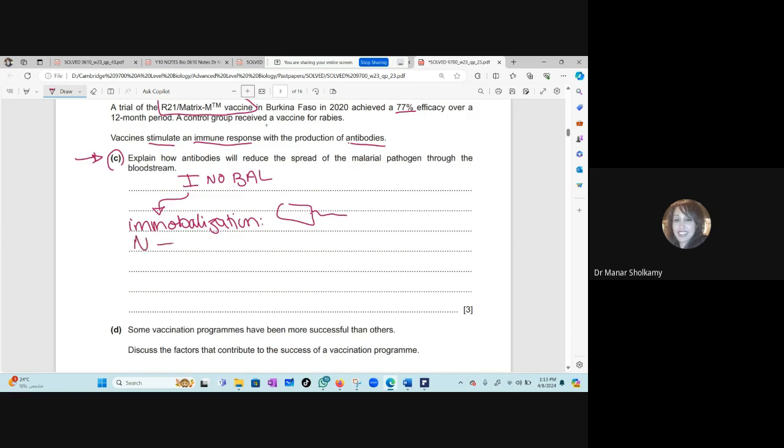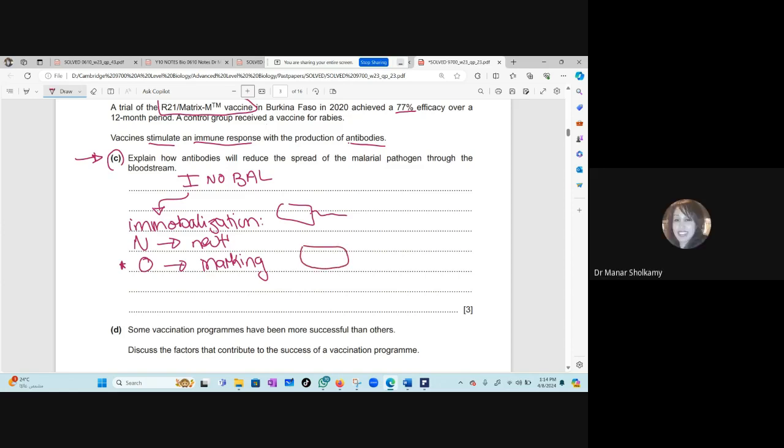What is N? Neutralization. It will neutralize the toxins, the antitoxins. What is O? Opsonization. This is the most important. What is opsonization? It marks the pathogen for the phagocytes.